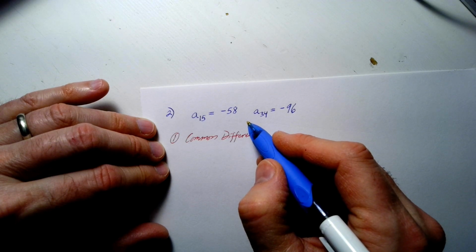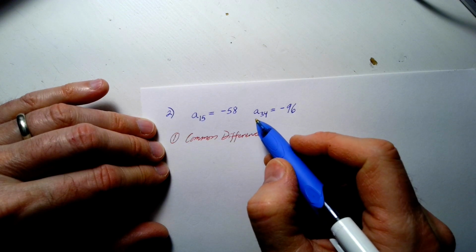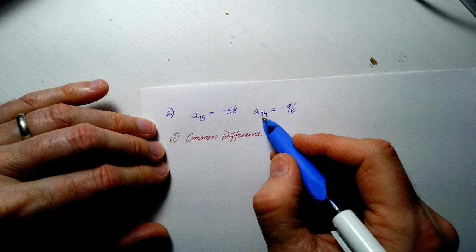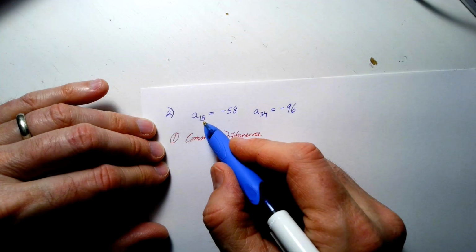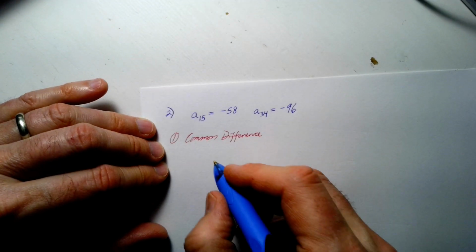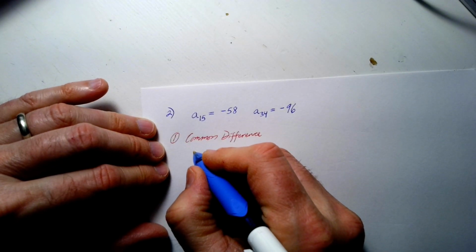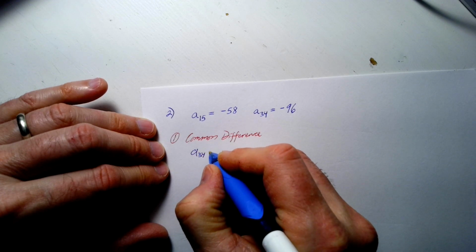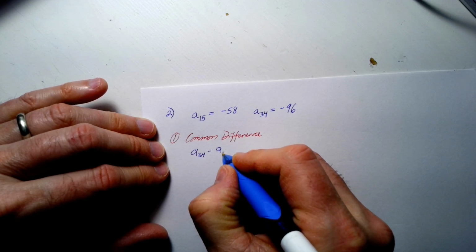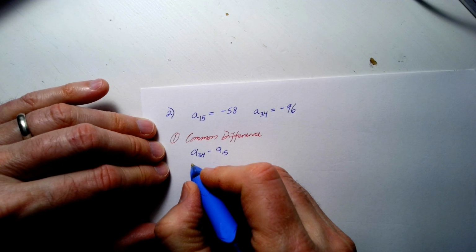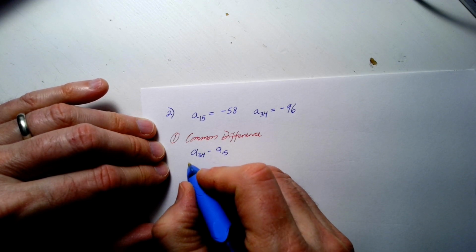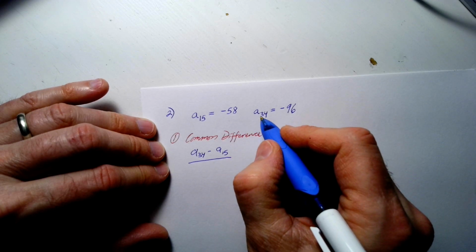So we take the values of A34 and A15 and find the difference. A34 minus A15, and then we divide that by the corresponding n values.